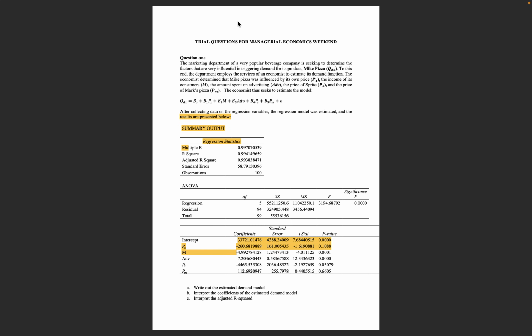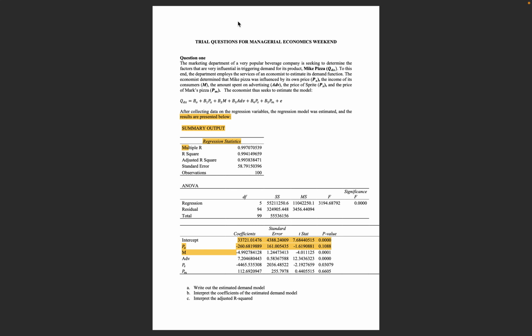The economist determined that demand for Mike Pizza was influenced by its own price, the income of the consumers, the amount spent on advertising, the price of Sprite, and the price of Max Pizza. The economist seeks to estimate the model. So you have QDX equals beta naught plus beta 1 PX plus beta 2 M plus beta 3 ADV plus beta 4 PS plus beta 5 PM plus e.